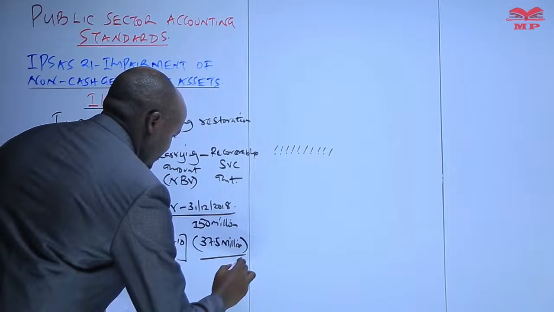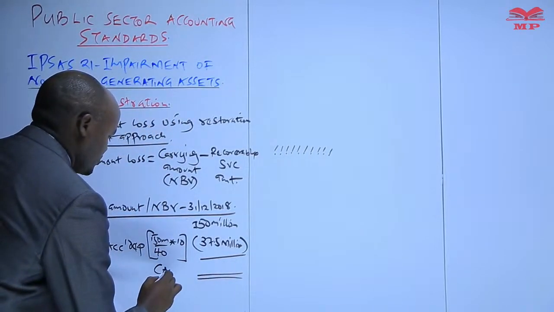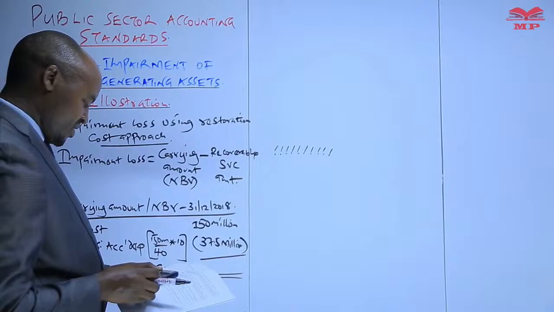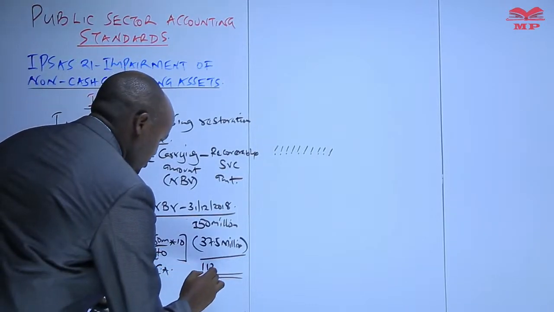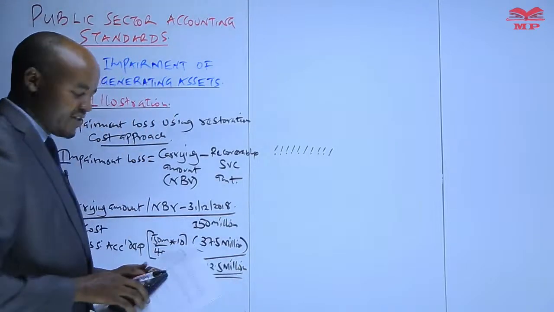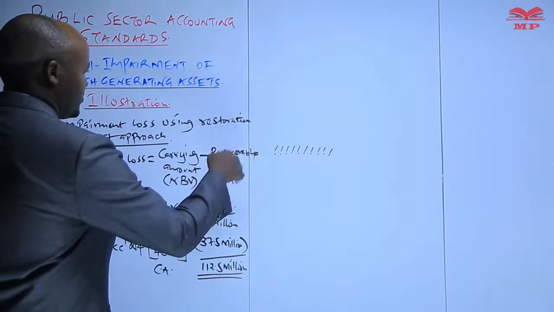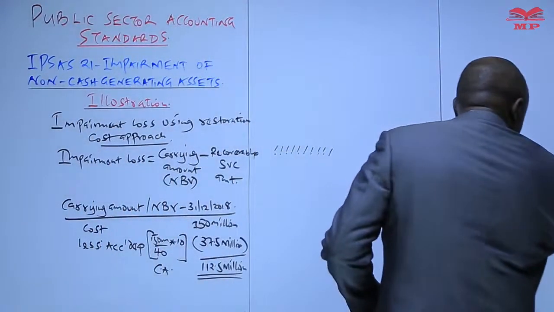We less that from the cost, and whatever you get here is the carrying amount or the net book value. So we less that from 150 million, which will give us 112.5 million.